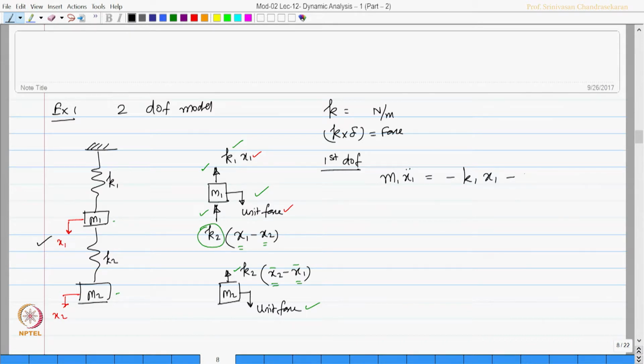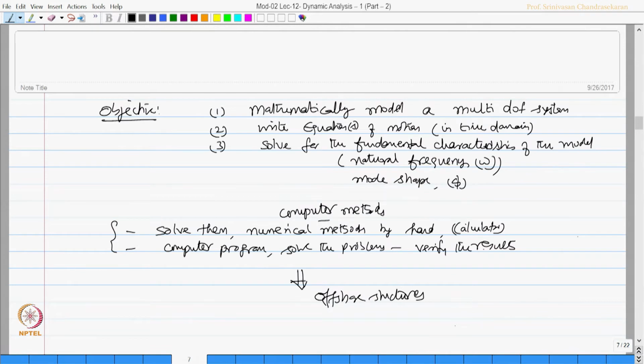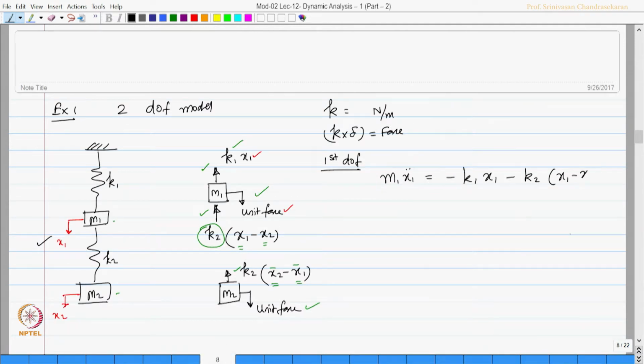Similarly, again a minus sign for k2, which is x1 minus x2.